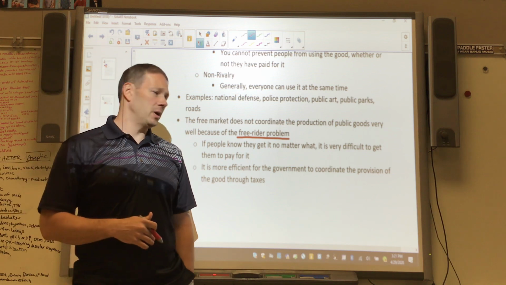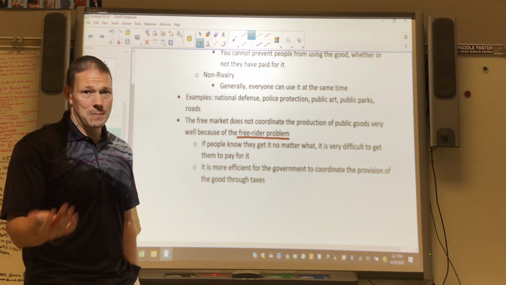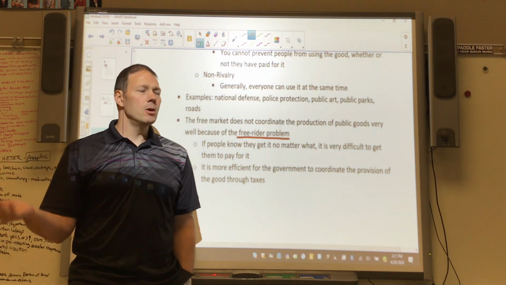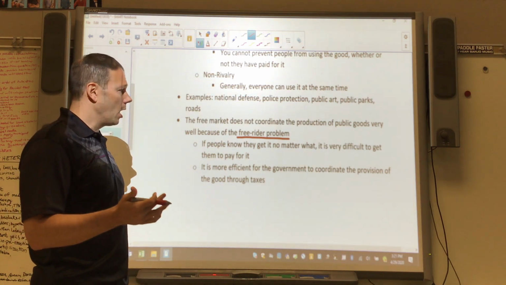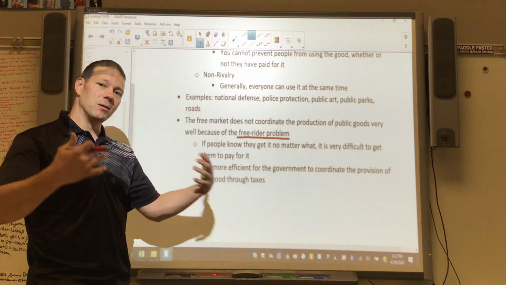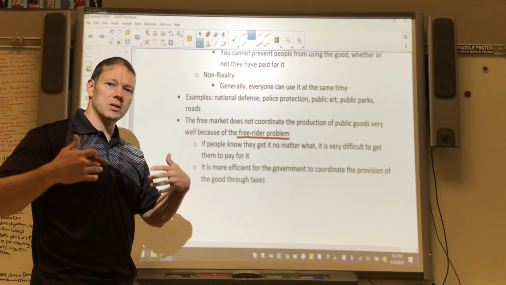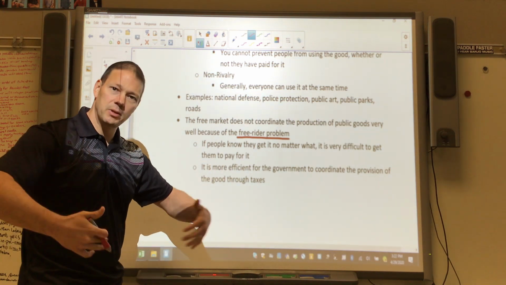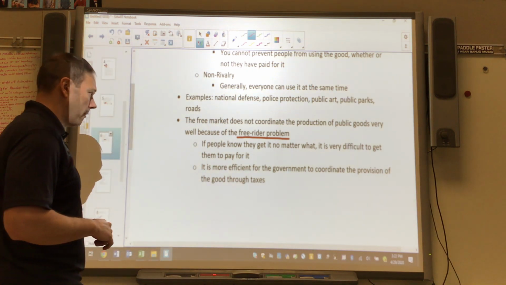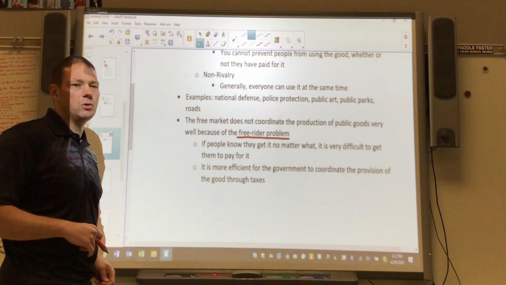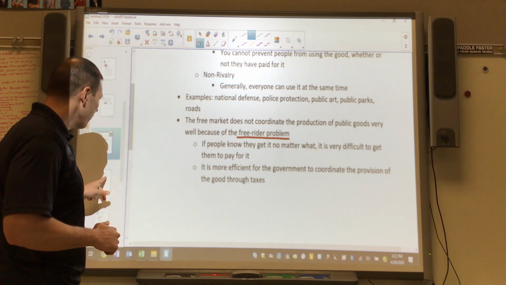If nobody pays, it doesn't happen. So it makes more sense and it's more efficient generally for the government to coordinate the provision of public goods by collecting taxes and building roads and highways, providing national defense, police protection, public parks, art, things like those that we talked about. Pretty simple, just those two key characteristics, make sure you know those.